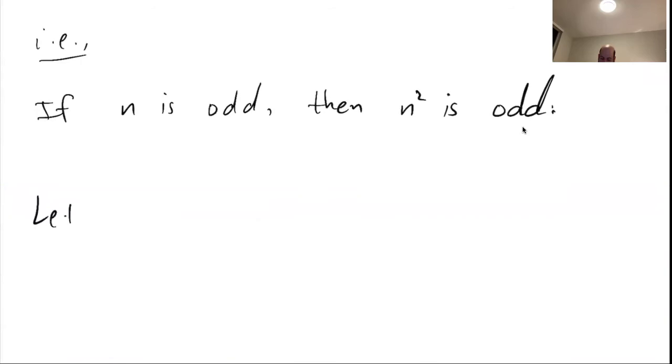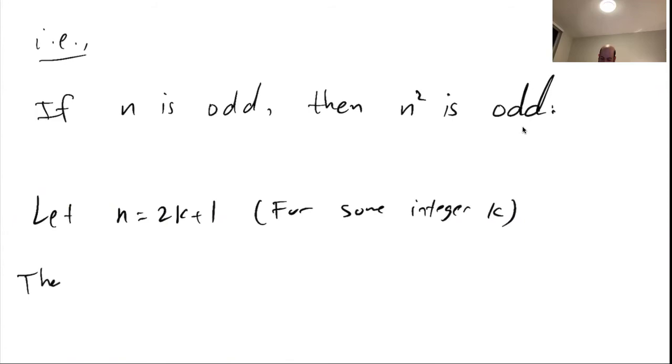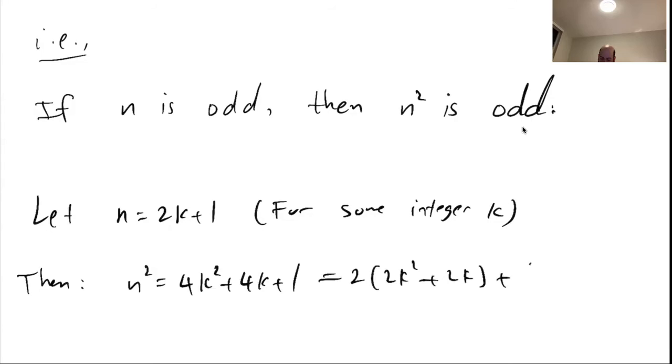Let n equal 2k plus 1 for some integer k. Then n squared will be 4k squared plus 4k plus 1, equals 2 times (2k squared plus 2k) plus 1.